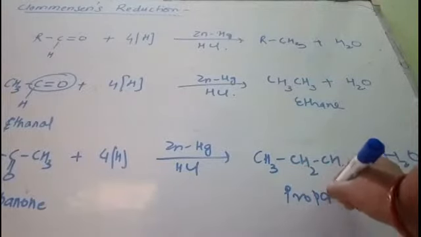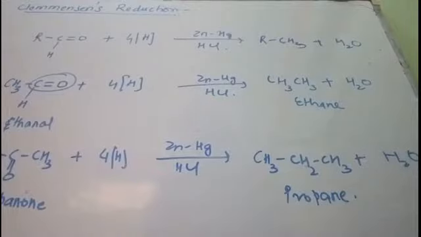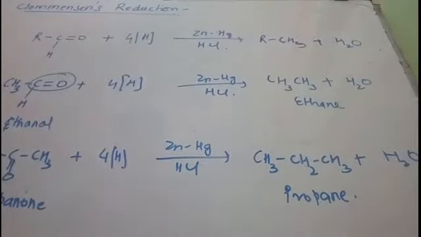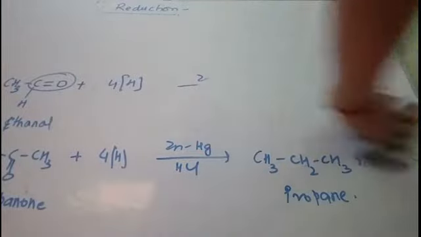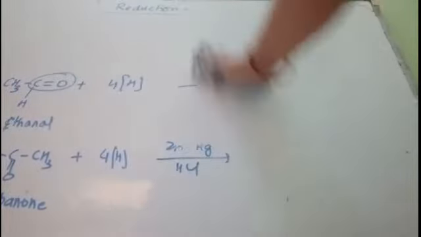If you are taking butanal, butane will be formed. Pentanal, pentane will be formed. Or butanone, butane will be formed, right? So whatever the aldehyde and ketone you are taking, the corresponding alkane will be formed in Clemmensen reduction, right? The carbonyl compounds are reduced in the presence of zinc amalgam and HCl. The second reduction, where again the carbonyl compounds are reduced to the hydrocarbon, is Wolff-Kishner reduction.